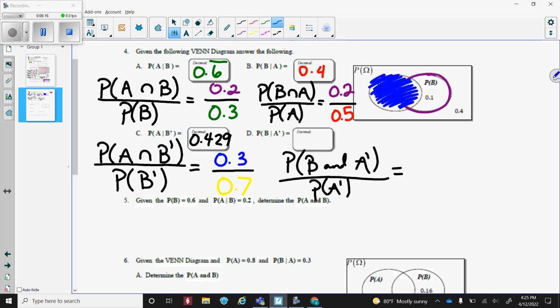The only thing that's left is the 0.1. So our top is 0.1. Our denominator is going to be anything that is not crossed off. So all of my A crossed off, but we're left with this 0.1 and that 0.4. So my denominator here is going to be 0.5. And when I do 0.1 divided by 0.5, I'm going to end up with 0.2.